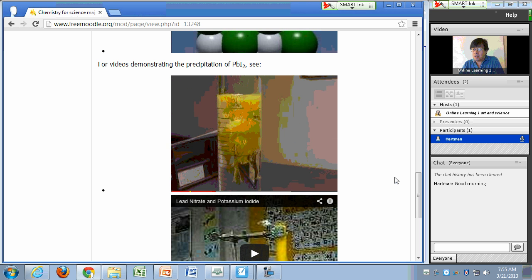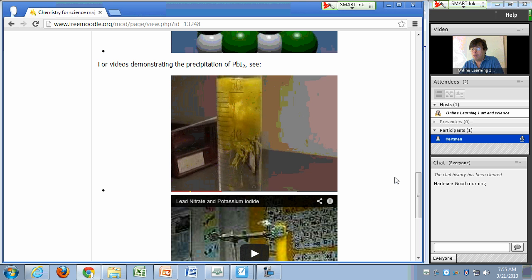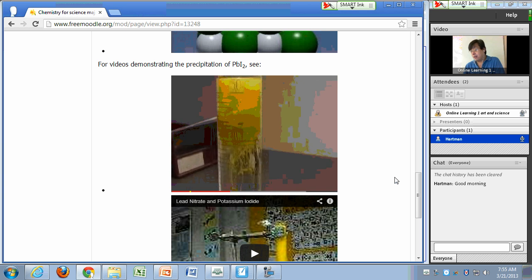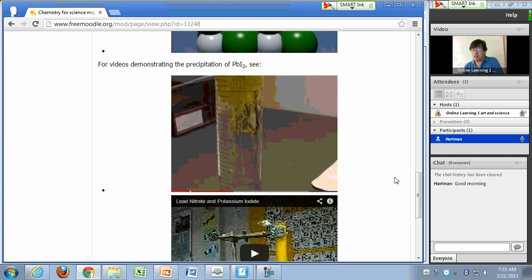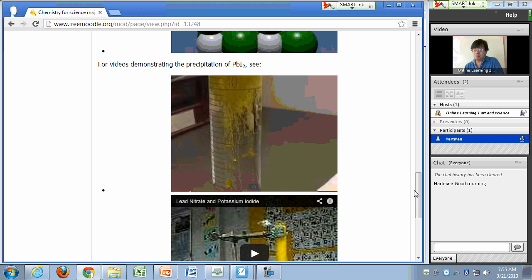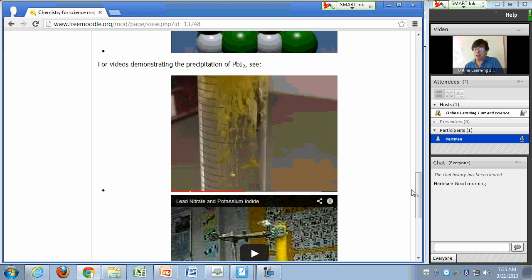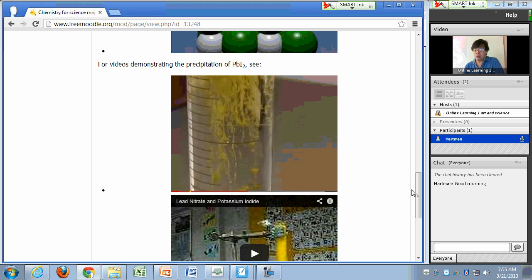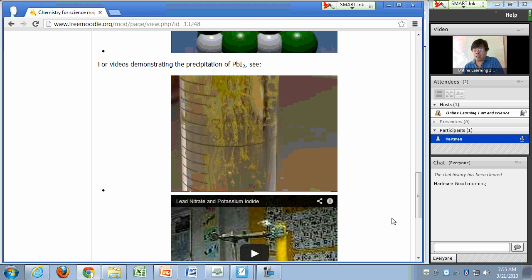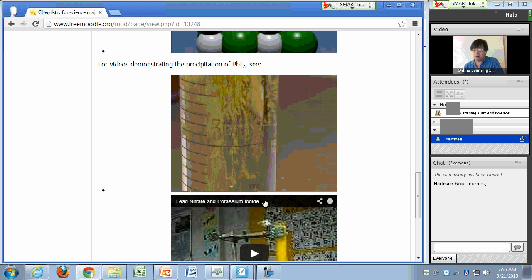That's a sign that you have an insoluble compound being formed when you mix the two solutions, and that happens to be lead iodide. You should be able to predict that that is lead iodide based on what we know about the solubility rules. So if you know your solubility rules, you can predict whether or not precipitation is going to occur. That yellow solid right there, eventually that's going to settle down to the bottom of your test tube.